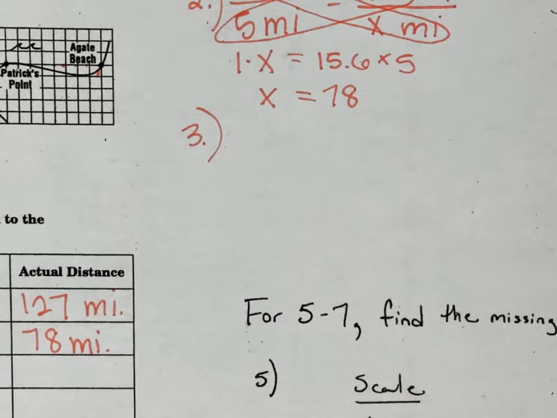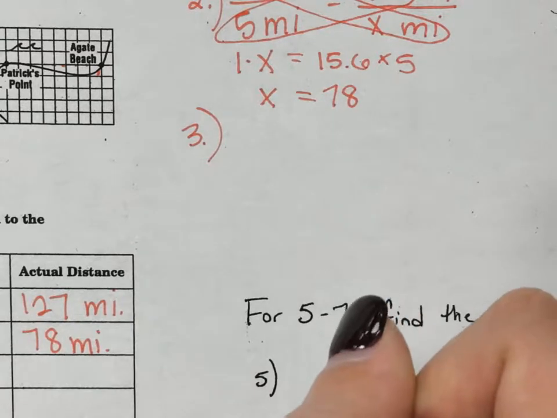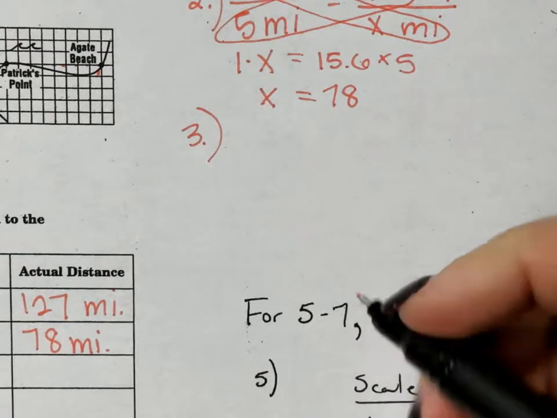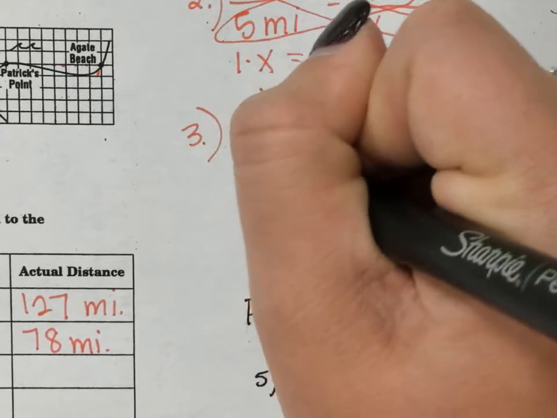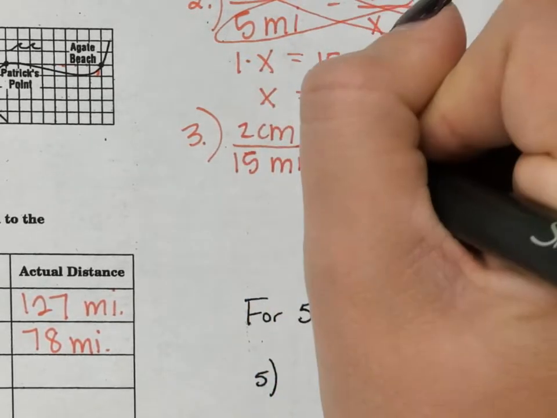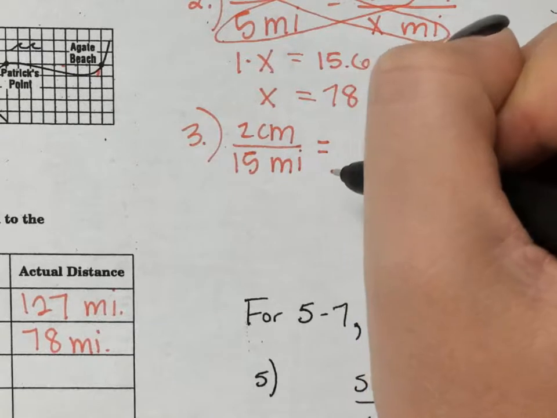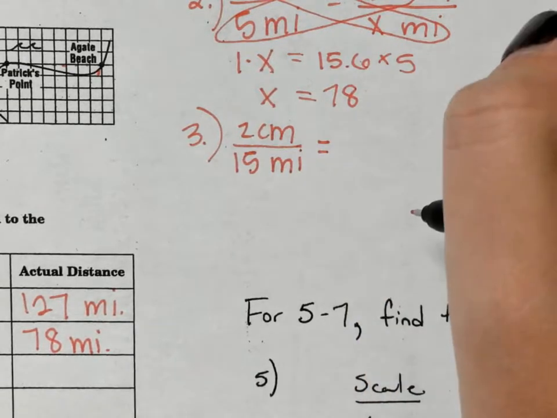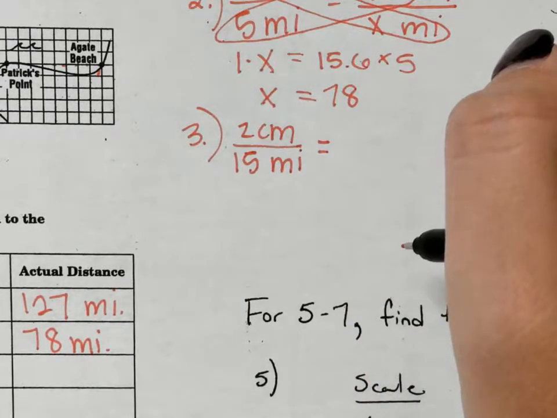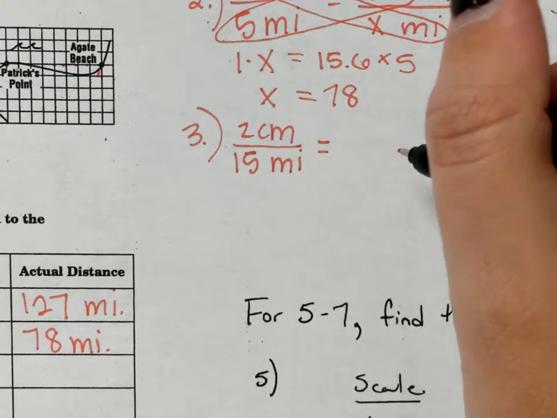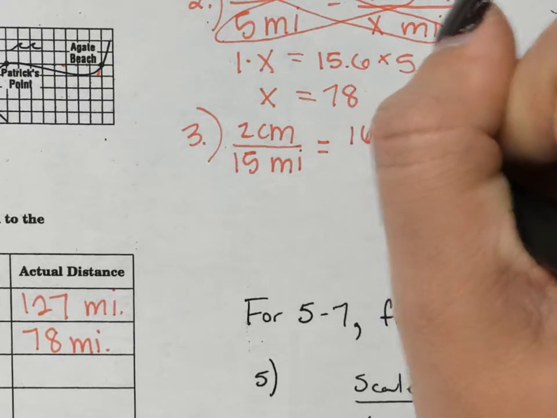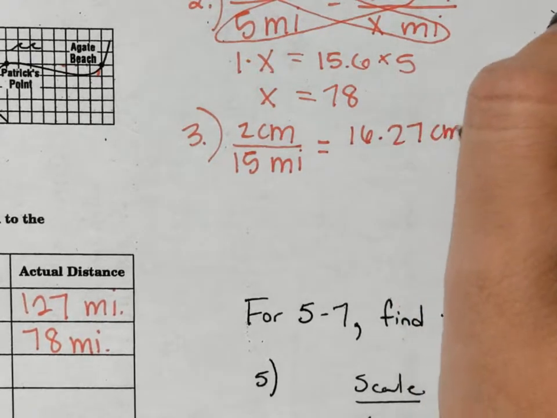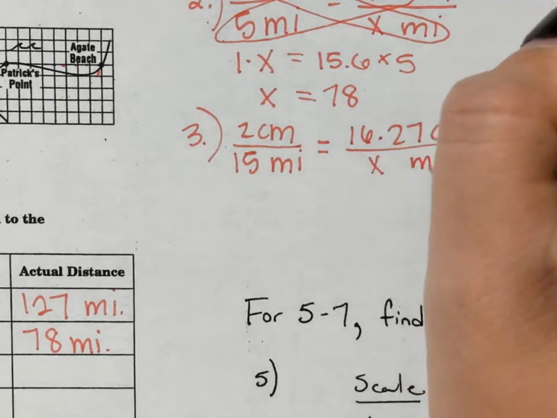Amaya. 2 centimeters over 15 miles. Okay. And then it equals what? Roman? 16.27 over x. Good. 16.27 centimeters over x miles.